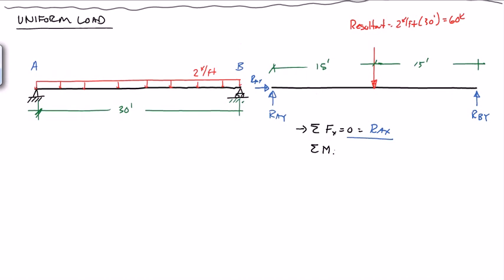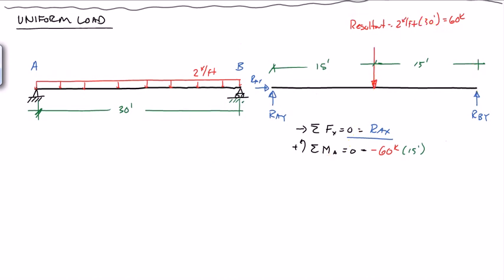Sum of the moments about point A, counterclockwise being positive, equals 0. I'm not going to show the RAX and RAY because they have lever arms of 0. I'm just going to go directly to the 60 kips times 15 feet, and that'll be a negative, again because it's going clockwise around point A, and RBY of course is going to go the other direction, so it'll be a positive.